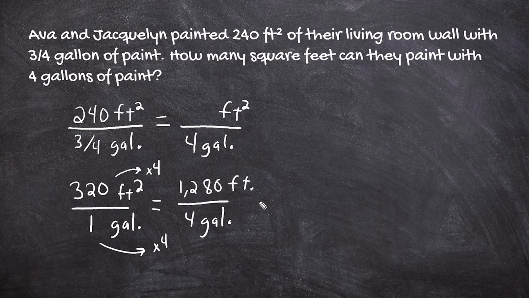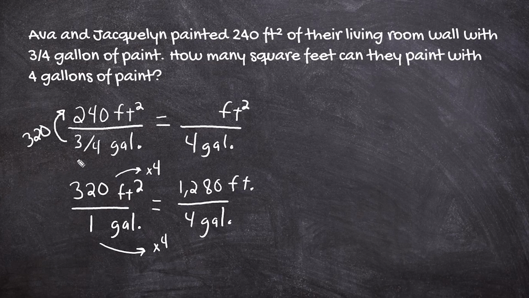Now, another way that we could have solved this problem is we could have started off once again by taking our y value, which is our numerator, and dividing it by our x value, which is our denominator, to come up with 320 square feet, which is our unit rate. However, this number is also something called the constant of proportionality. We can use this number to say that this top number right here is 320 times bigger than the denominator.